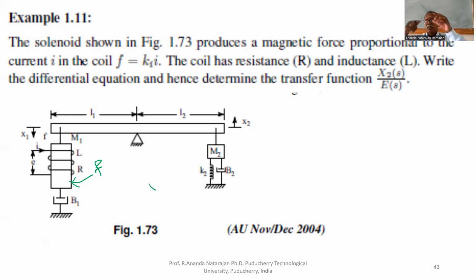You know that if you wind a coil and supply current, it becomes an electromagnet.